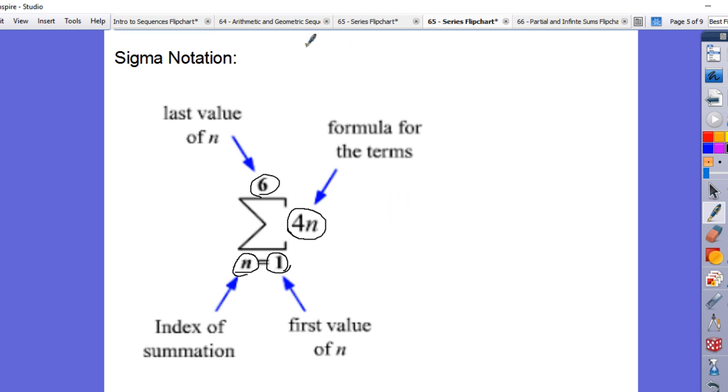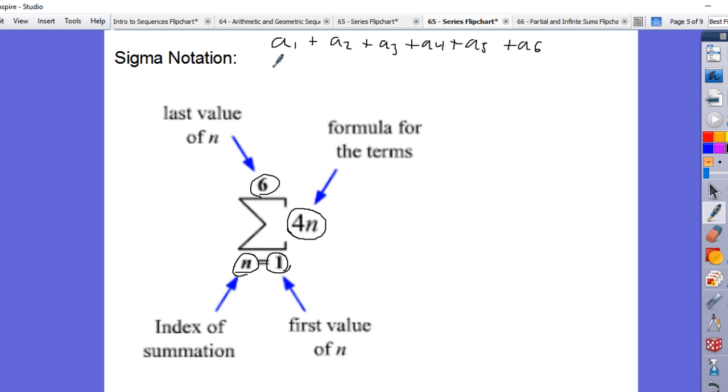So it's essentially saying you're adding term 1, term 2, term 3, term 4, term 5, and term 6. If your explicit formula is 4 times n, this is when n equals 1, n equals 2, n equals 3, n equals 4, n equals 5, and n equals 6.